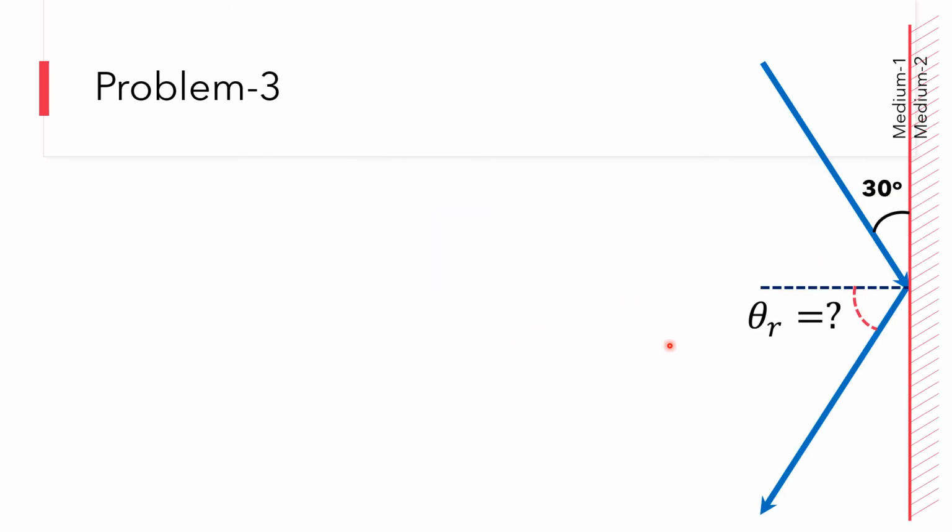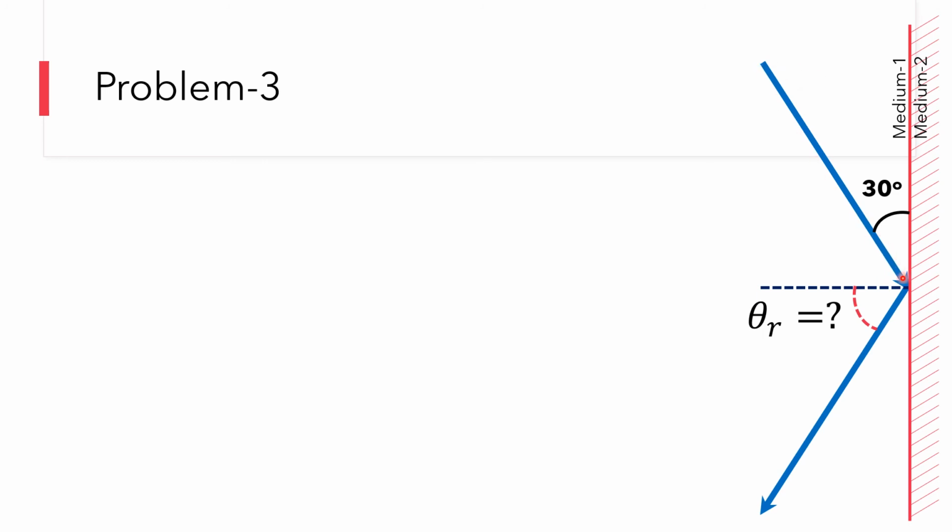One more problem. This is also reflection of light. Light is falling onto a surface and bouncing back into the same medium. This time the angle of incidence is not given. Angle of incidence means the angle between the normal and the incident ray, see the arrow mark.